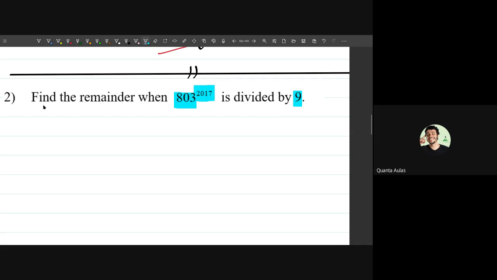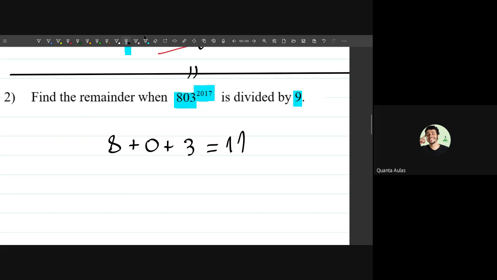When we have division by 9, we can sum the digits of the number. We take the sum, 11, and we can divide 11 by 9. It will be the same rest, the same remainder.